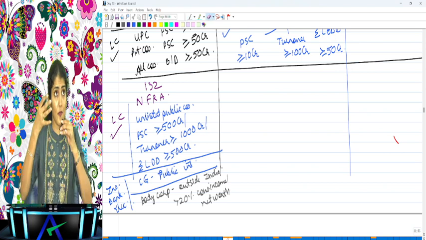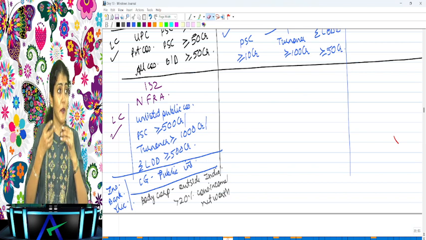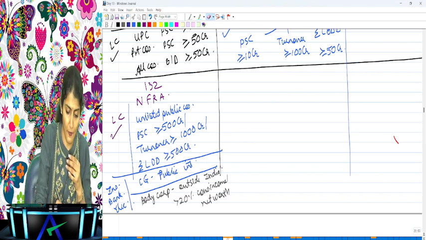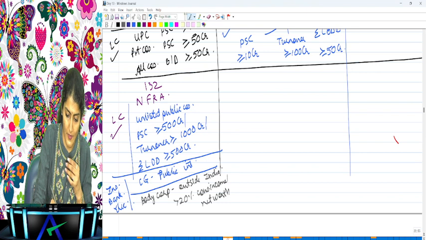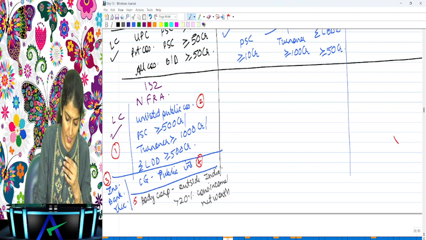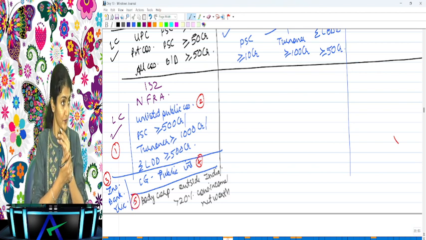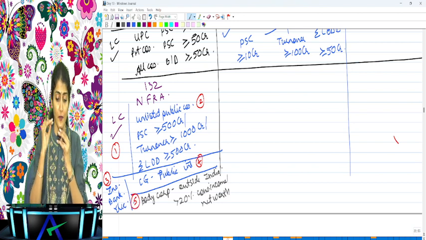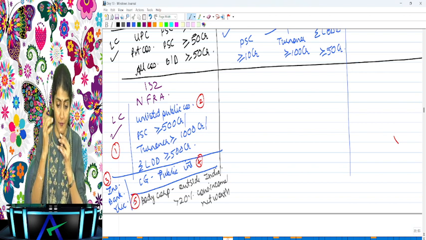If you are able to summarize, you are able to retain, you are able to remember, right? So what are the 5 points? One, this is point number one. Then unlisted public company, then the three best friends, central government, and then the body corporate. So 1, 2, 3, 4, 5.